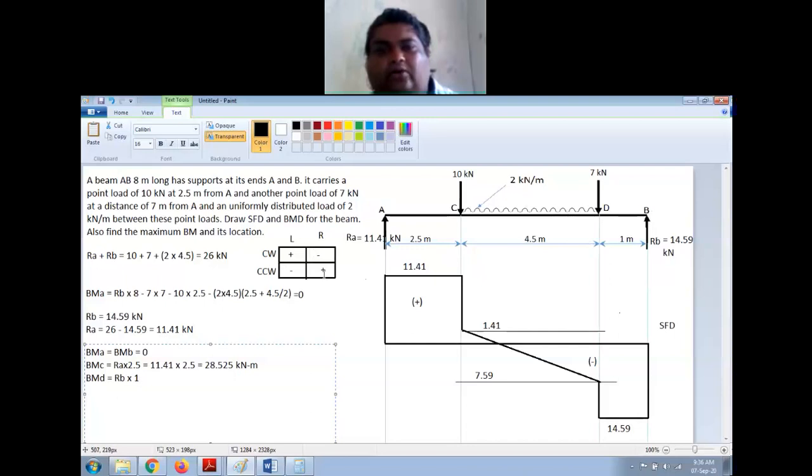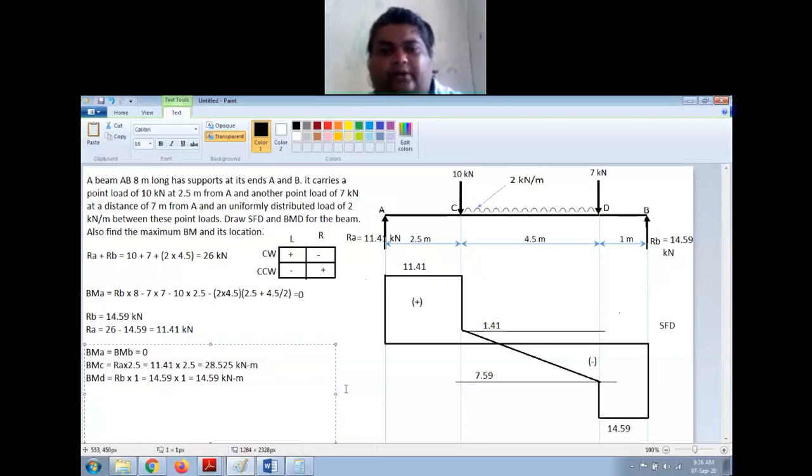So right side counterclockwise is positive, so the sign is fine. So this will be equal to RB, which is 14.59 into 1. So that will be 14.59 kilonewton meter.